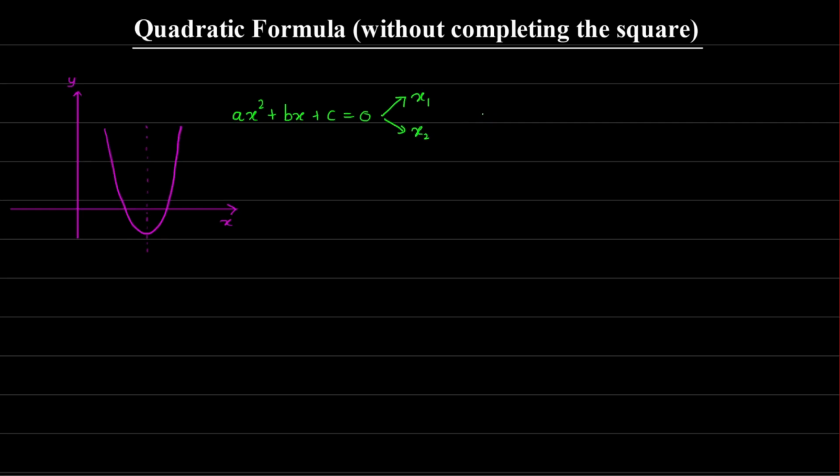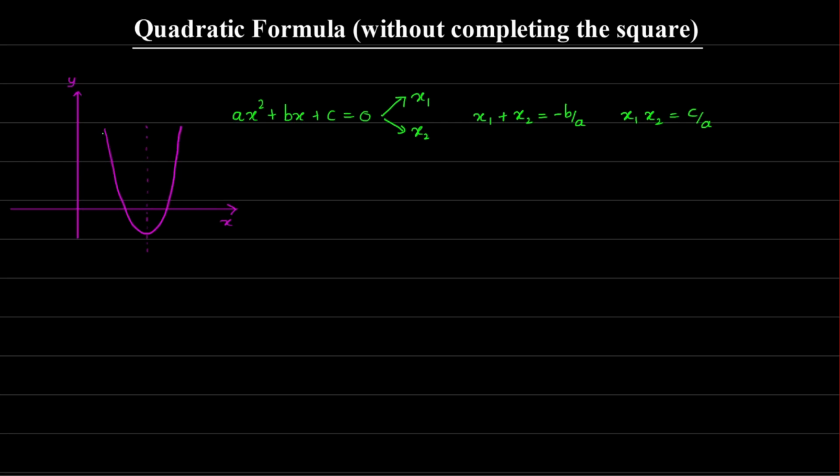It is a well-known fact that the sum of the solutions, x1 plus x2, is equal to minus b over a. Similarly, the product of the solutions, x1 x2, is equal to c over a. Feel free to solve any quadratic equation, plug in the values and check whether this is true.